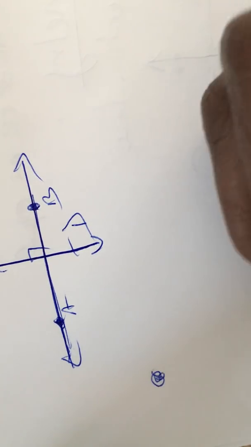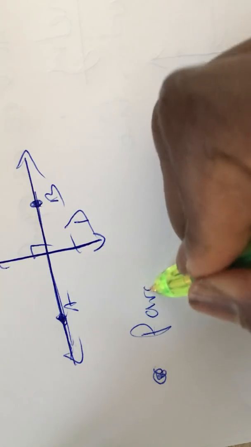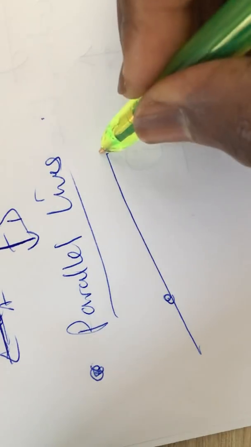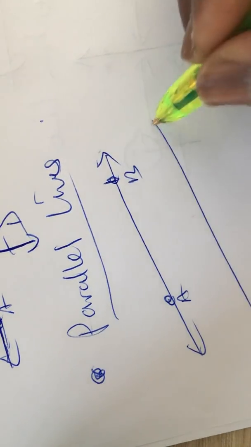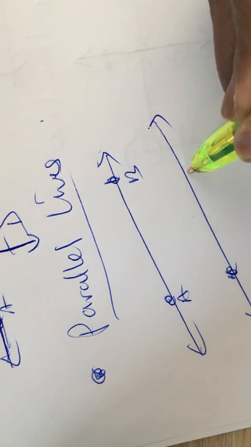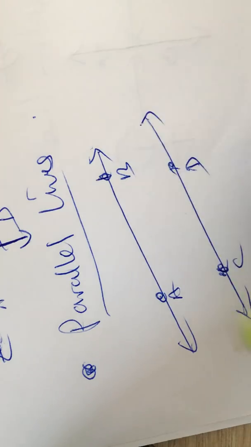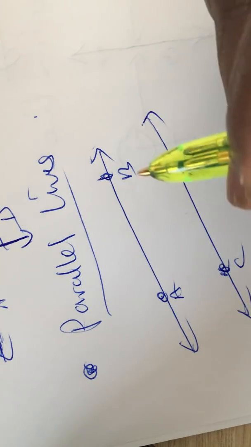Another line that you can have a look at are parallel lines. Parallel lines are two lines, let's say AB and another line CD, which do not intersect, so they're parallel to one another. They keep on going like that without touching one another.